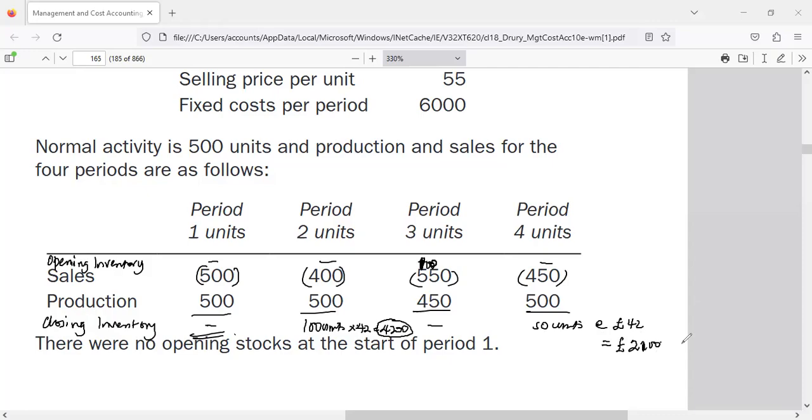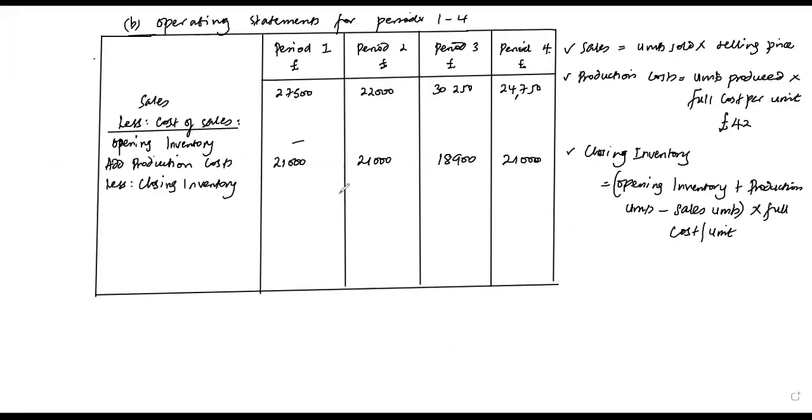Let's take this, our operating statement. Here we don't have closing inventory. Period 2 it is 4200. Period 3, here there is no opening inventory. Then period 3, the opening inventory is the closing inventory of period 2, and that is 4200.